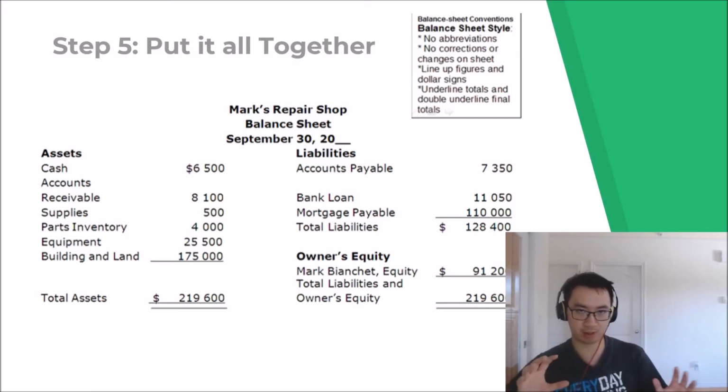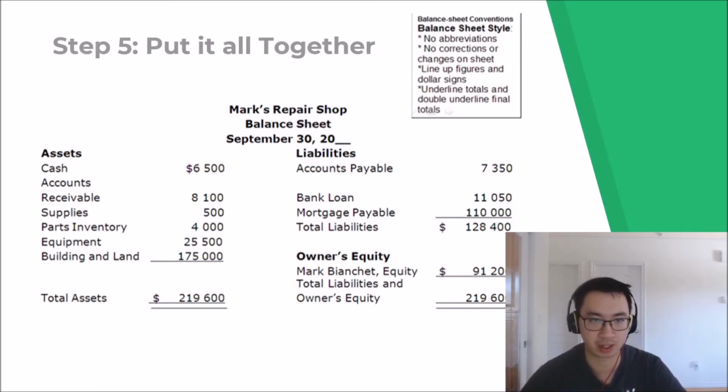So here's what the final balance sheet is going to look like. You can have the liabilities and owner's equity below the assets and have one column. Then for the purposes of this example, it's going to be side by side. Assets on the left side, double underline. Liabilities on the right side, and then you're going to put total liabilities. You're going to add an owner's equity section.